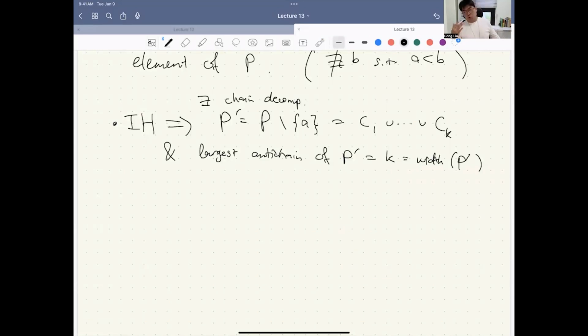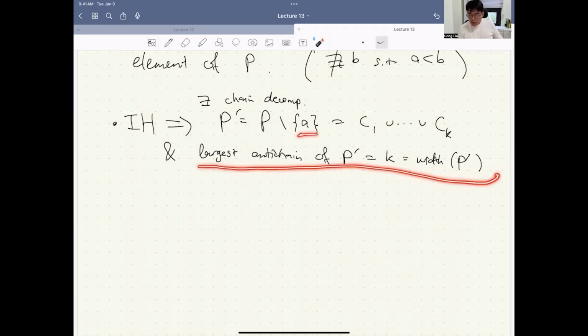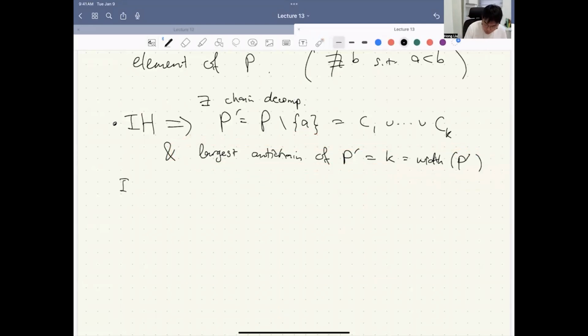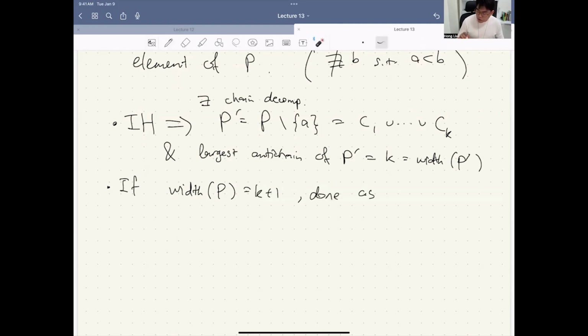Now, a quick observation: if the largest anti-chain of P, with A in there, gets larger and is K plus 1, then we are done. Because if the width of P is K plus 1, then we are done, as this means the largest anti-chain of P is K plus 1.